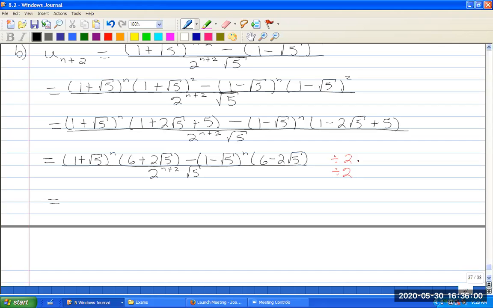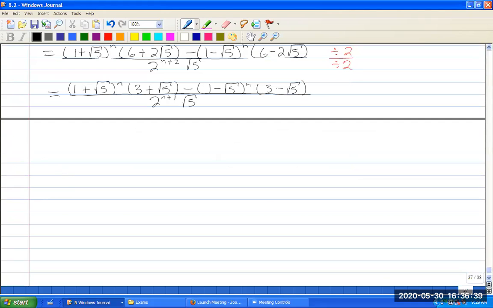And so this is (1 plus rad 5) to the n times 3 plus rad 5, since 6 divided by 2 is 3 and the 2's cancel, minus (1 minus rad 5) to the n times 3 minus rad 5, again 6 divided by 2 is 3 and the 2's cancel, all over 2 to the n plus 1 rad 5. Since I'm dividing by 2, one of the 2's cancels.